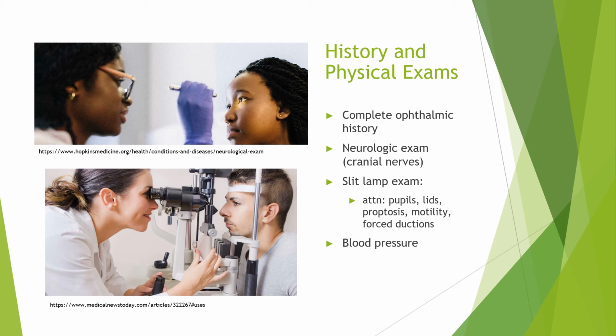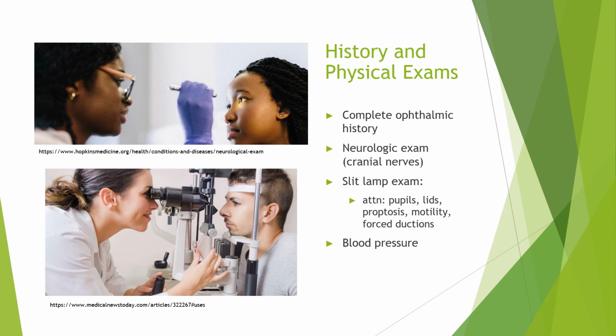For example, were they involved in a recent trauma or infection? Do they have an inflammatory syndrome? Are there any other neurological syndromes? Then we can examine the eyes with the slit lamp, paying attention to the pupils, lids, and looking for any proptosis, then looking at the motility of the eye.